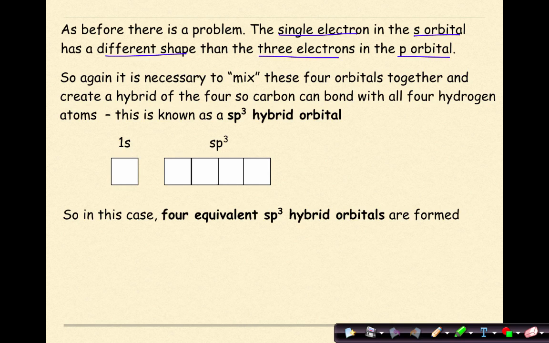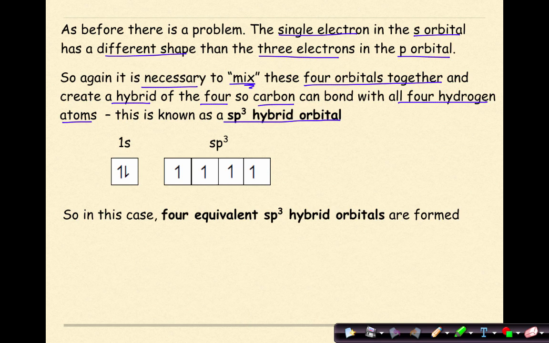So again, it is necessary to mix these 4 orbitals together and create a hybrid of the 4 so carbon can bond with all 4 hydrogen atoms. This is known as sp3 hybrid orbital. Our orbital diagram would look like the following: 1s2 and the 4 remaining electrons would make up the sp3 hybrid.